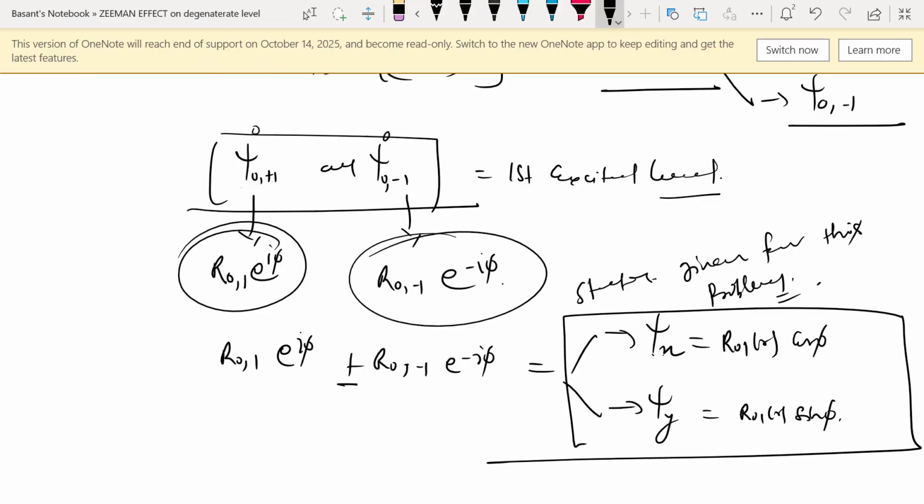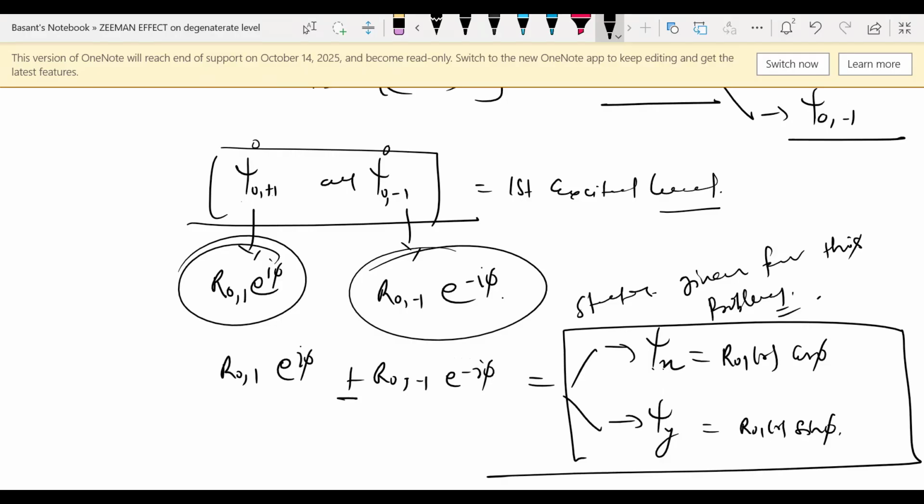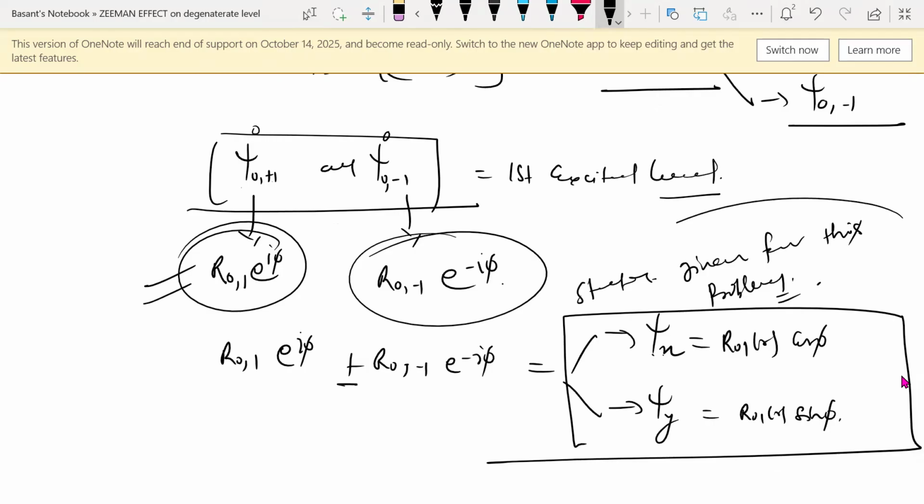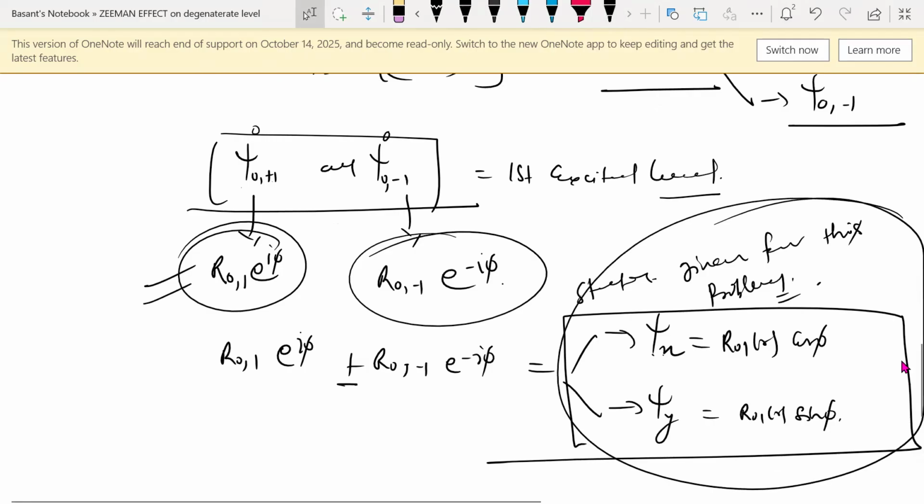Okay, I have taken the real wave functions. We can work with the imaginary functions, but in the question, these are the given things.